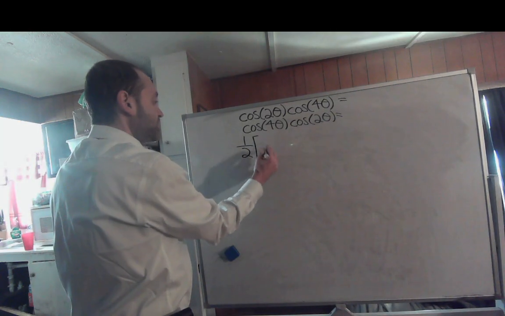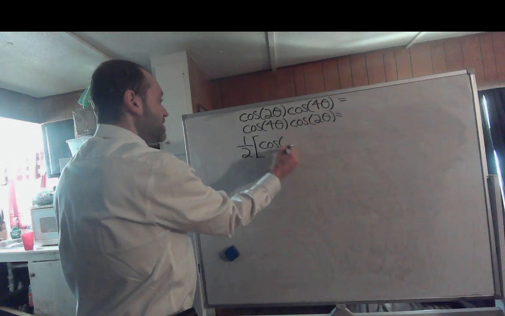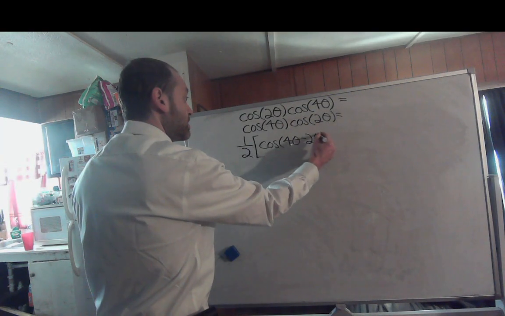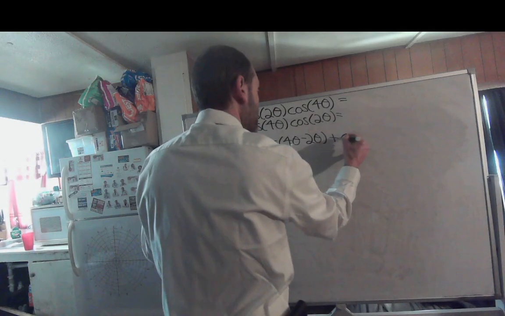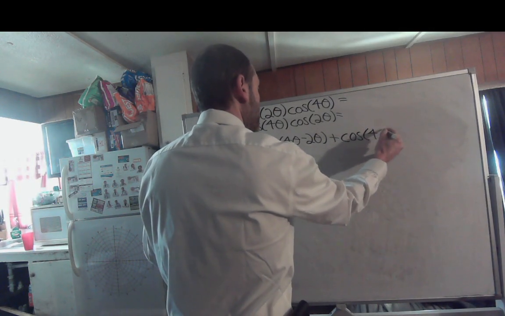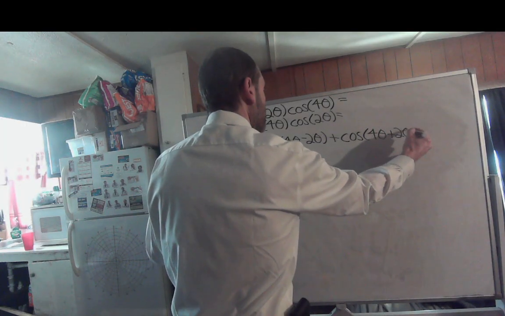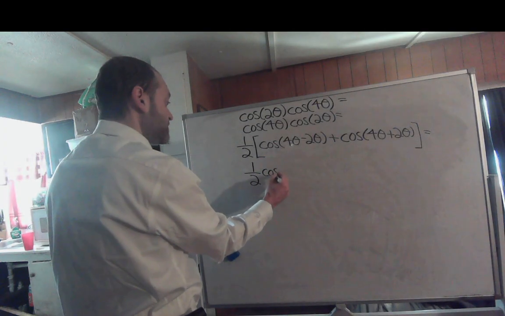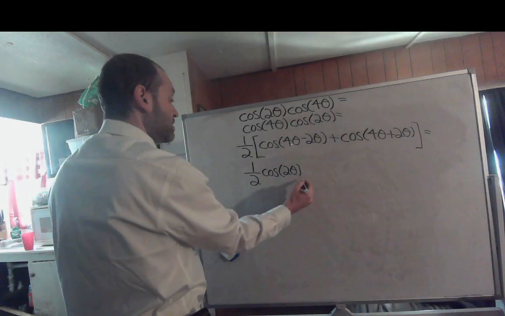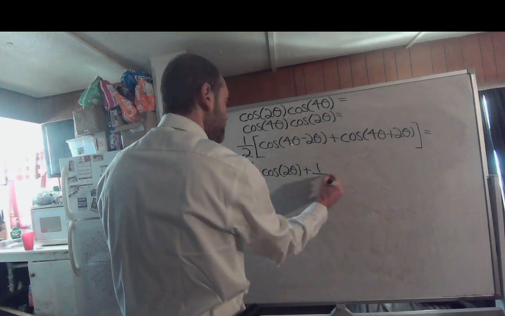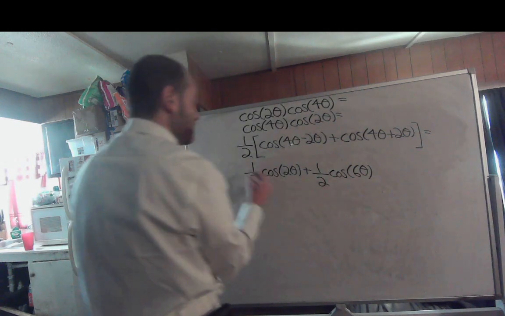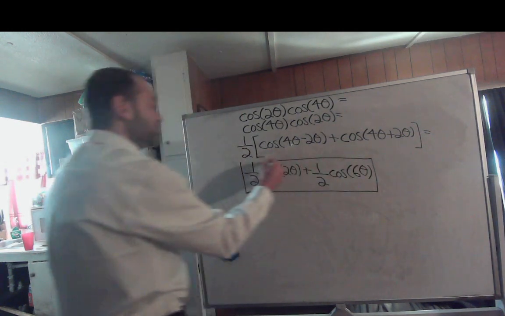You should get 1/2 times the quantity of the cosine of 4 theta minus 2 theta plus the cosine of 4 theta plus 2 theta, which should end up giving you 1/2 of the cosine of 2 theta plus 1/2 of the cosine of 6 theta as your final answer when you convert this into a sum formula.